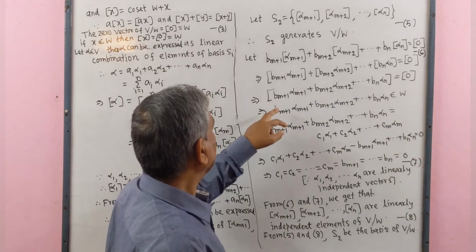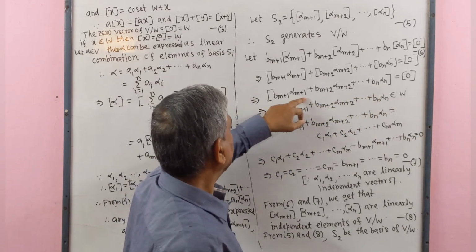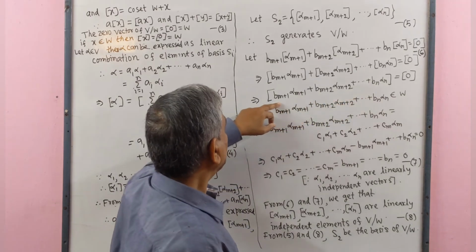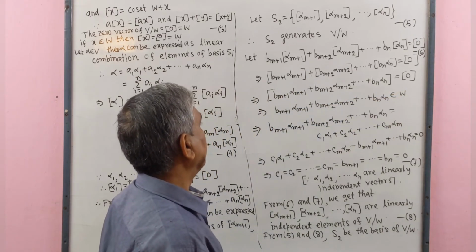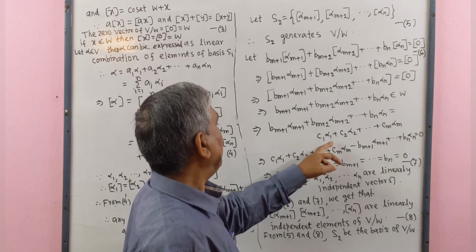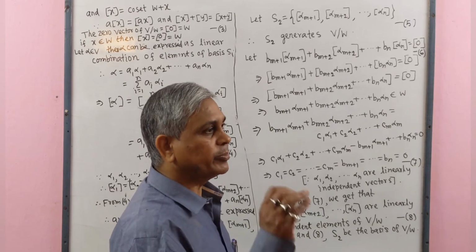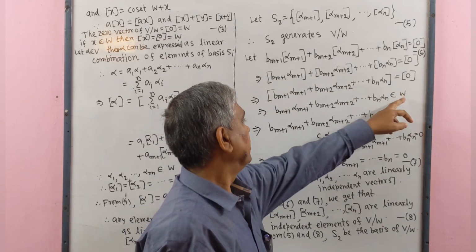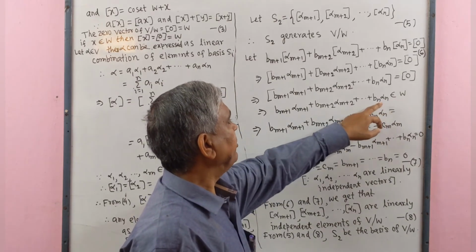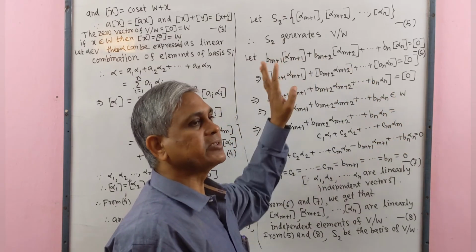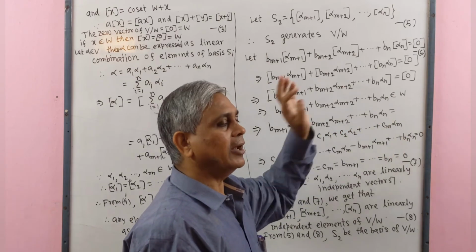That means some of these elements belong to the vector subspace W. Since alpha 1, alpha 2, alpha m are the vectors of the basis of W, any element of W can be expressed as a linear combination of alpha 1, alpha 2, dot dot dot alpha m.